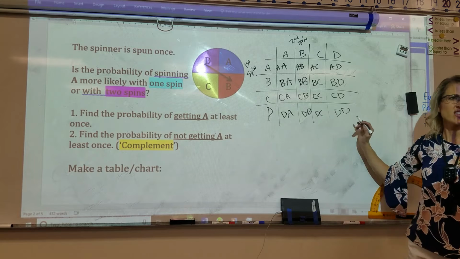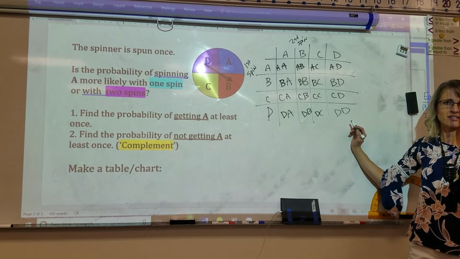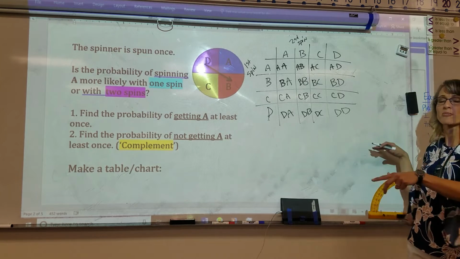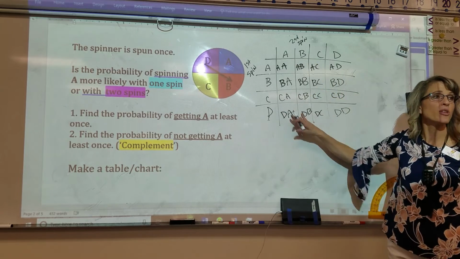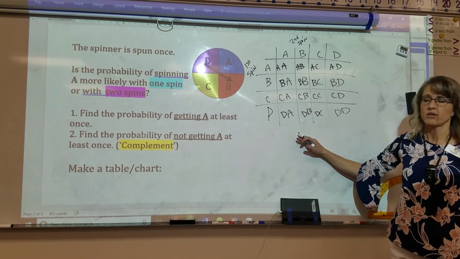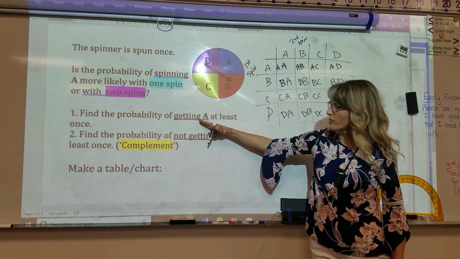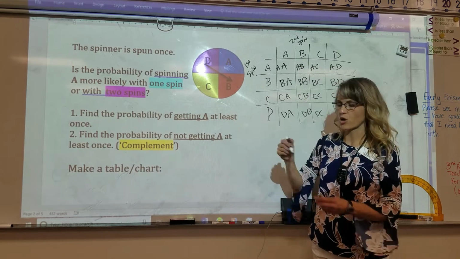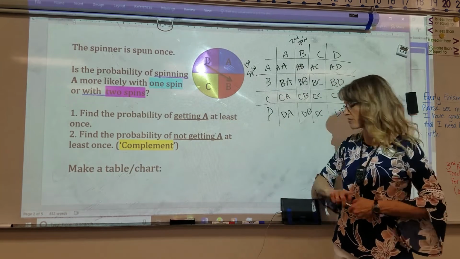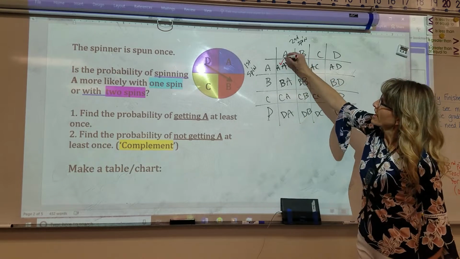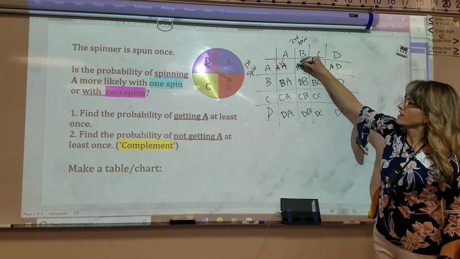Okay, very good. We haven't found our sample space yet. Well, this helps us write our sample space in set notation, but these are all of the possible outcomes, right? So the question says, find the probability of getting A at least once. So it could be one or more times. So where is that? A happened at least once here, at least once here.